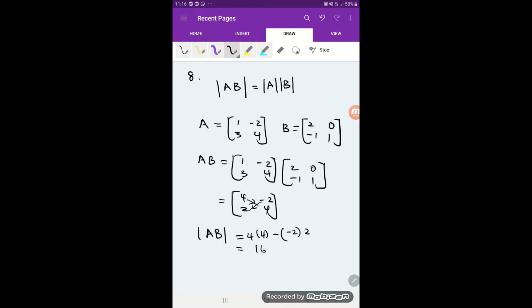The answer is 16 plus 4. So the determinant of matrix AB is 20.